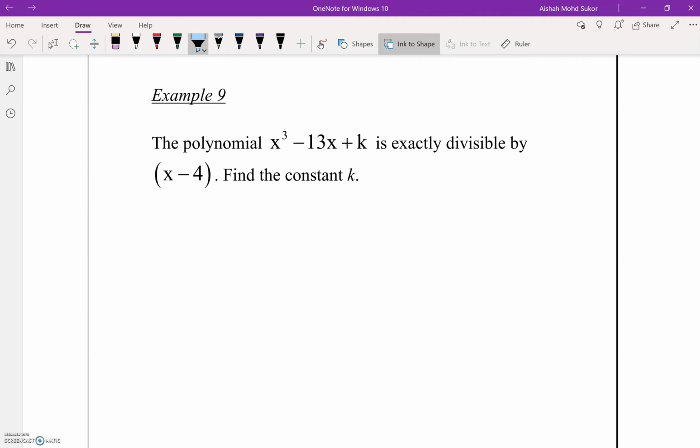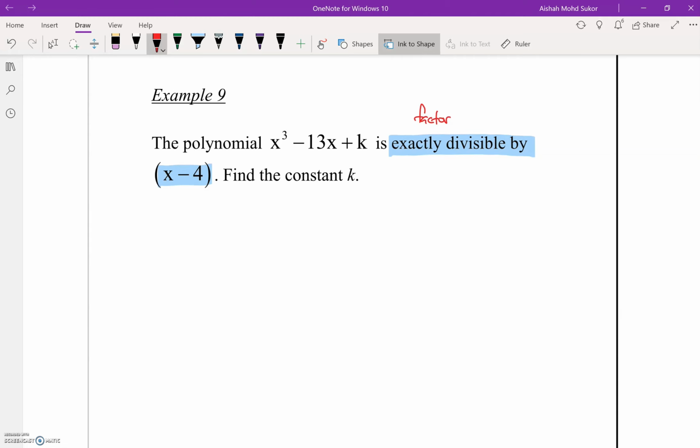Example 9. The polynomial is exactly divisible by x minus 4. Find the constant k. Exactly divisible by x minus 4 means that x minus 4 is a factor of this polynomial.